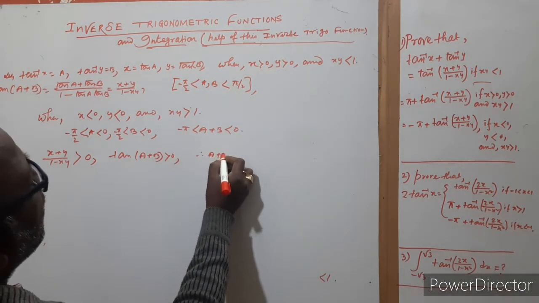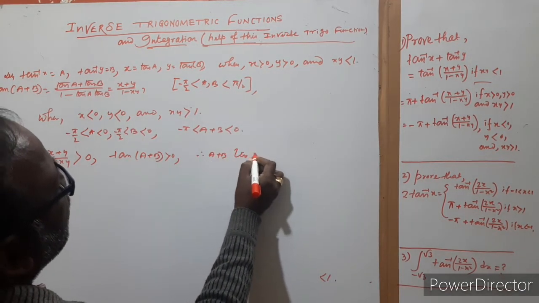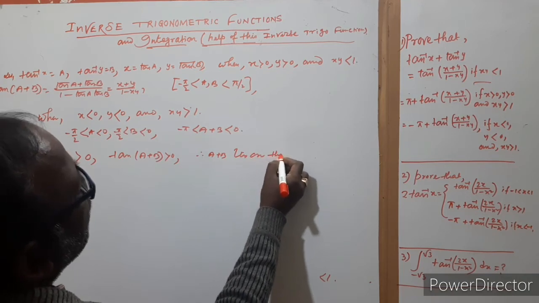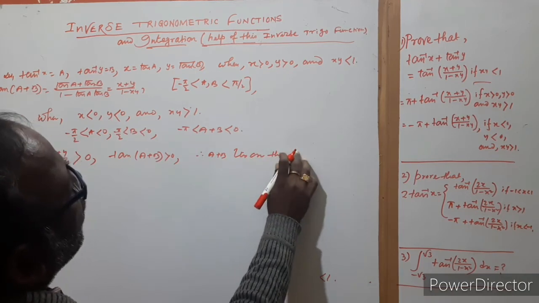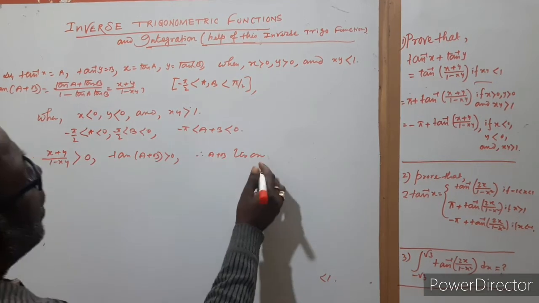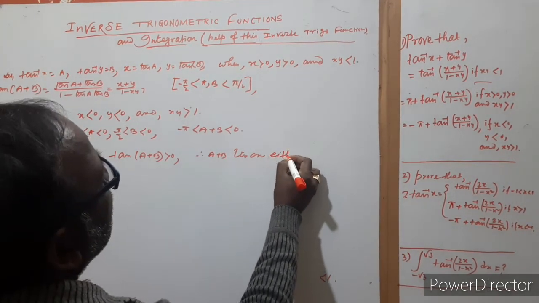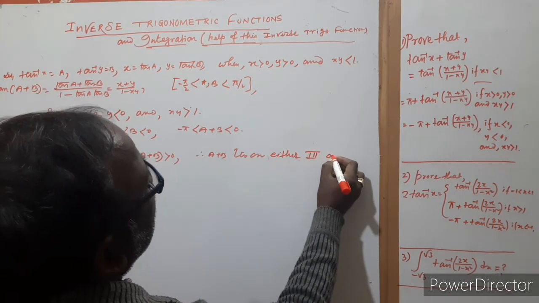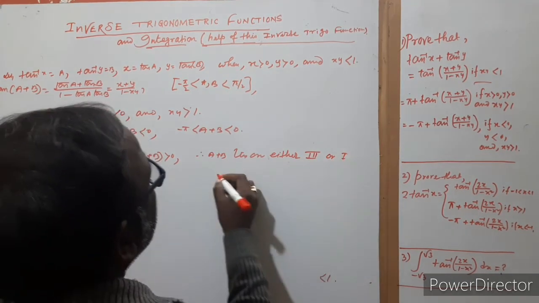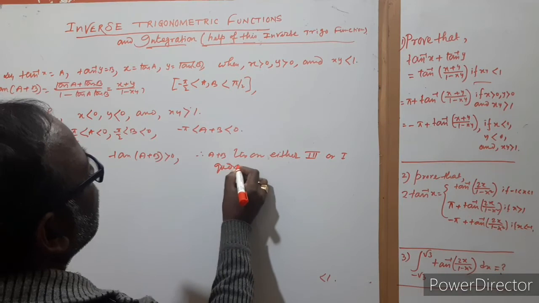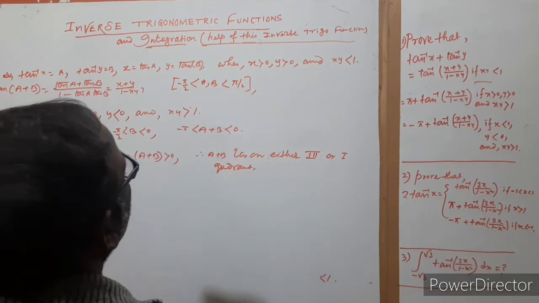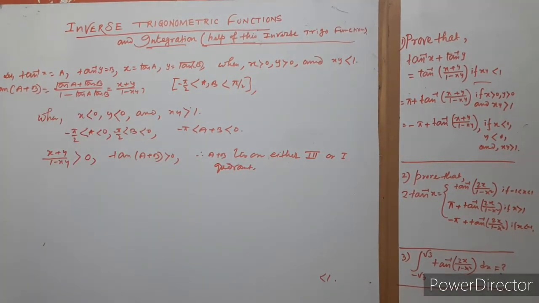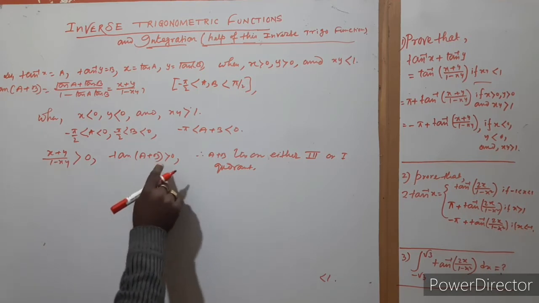Therefore, a plus b lies either in the third or first quadrant.